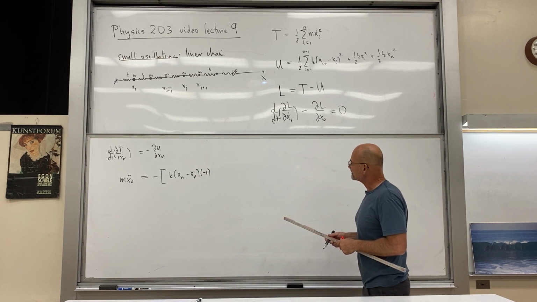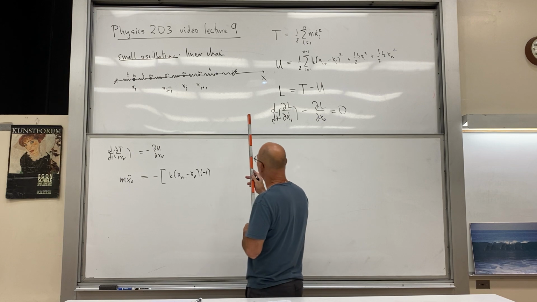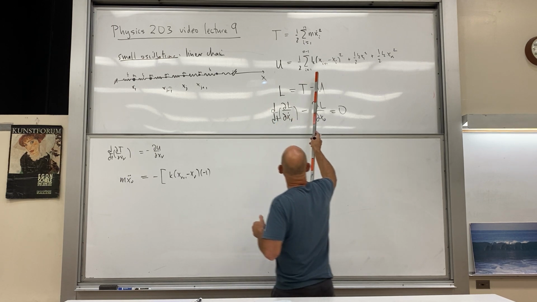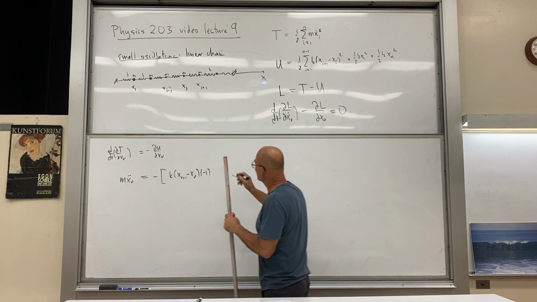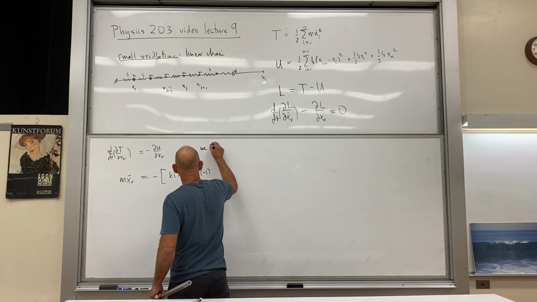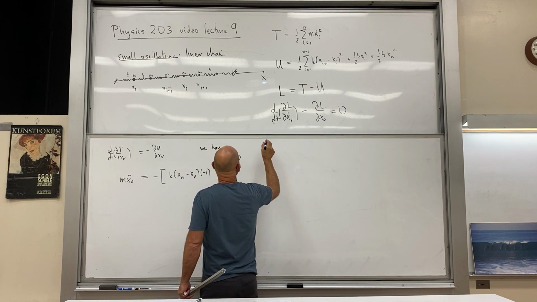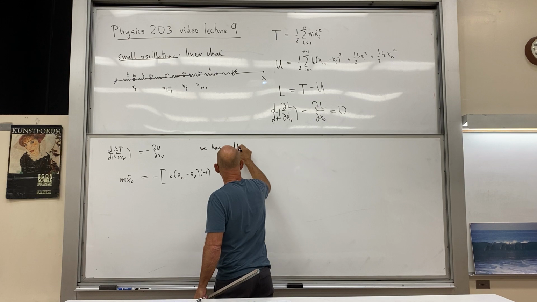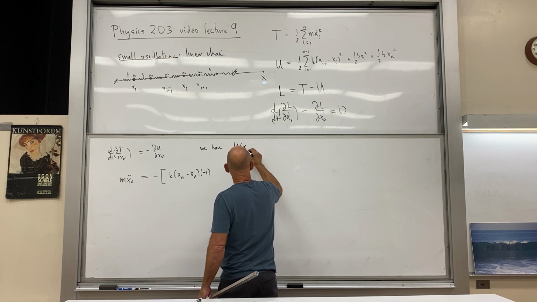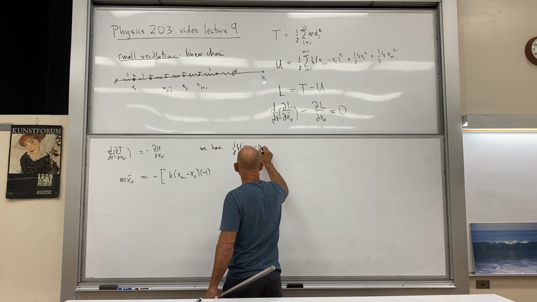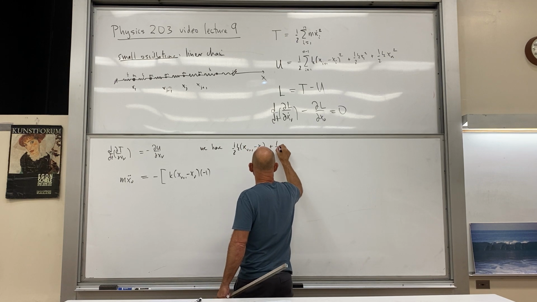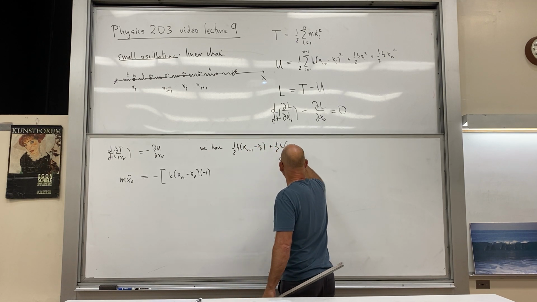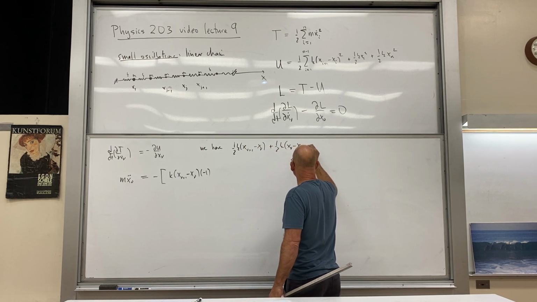Okay. Now the thing is this: we also have here, let me go ahead and write that down. We have in particular 1/2 k (x nu plus 1 minus x nu) plus 1/2 k (x nu minus x nu minus 1).